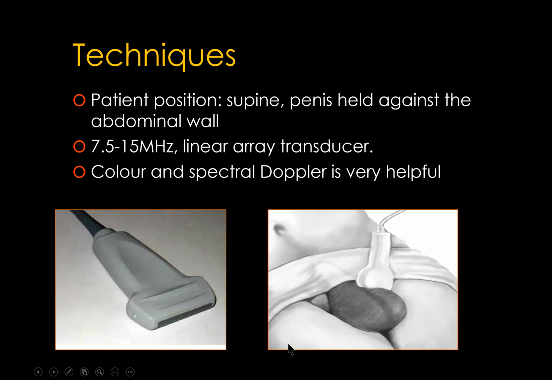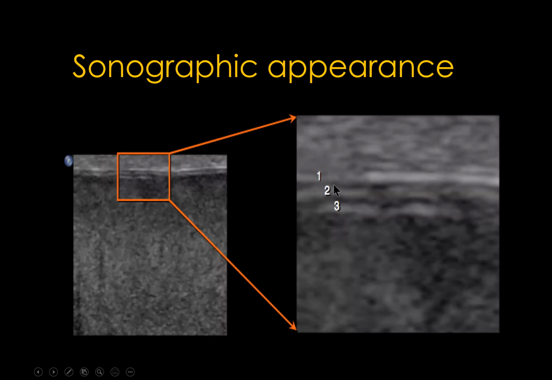The entire scrotal sac should be examined in both transverse and longitudinal planes. Then the sonographic appearance, we will start from the scrotal wall. The scrotal wall appears as 3 layers.